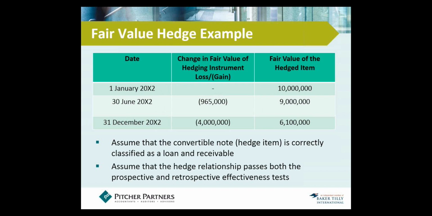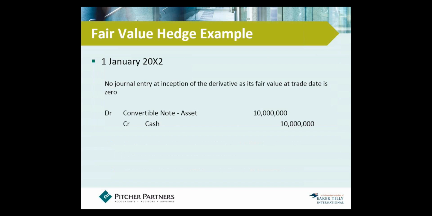And we are hoping that the change in the fair value of the hedged item is more or less the same, in the opposite direction, as the change in the fair value of the derivative. So if we use these numbers, and you could maybe keep these numbers in front of you, this is what the journals would look like.